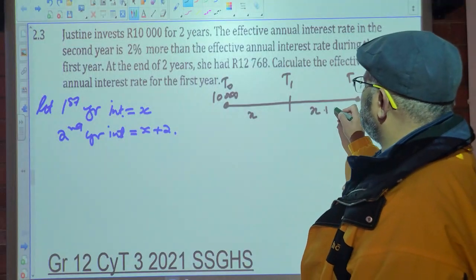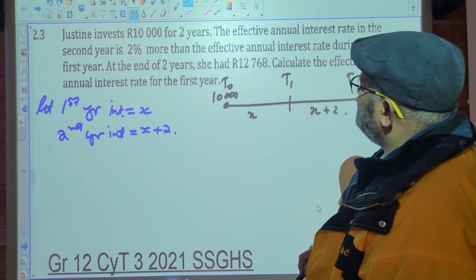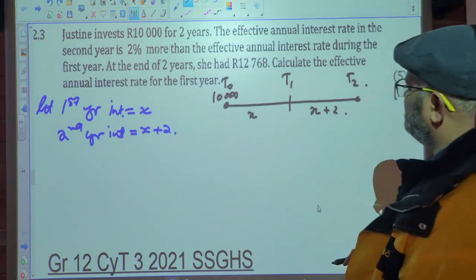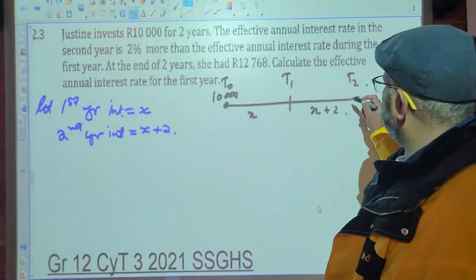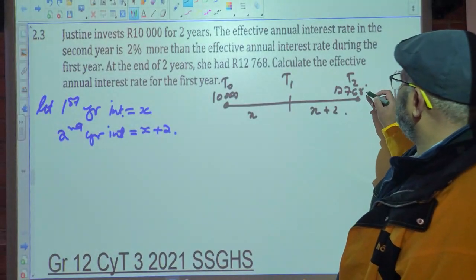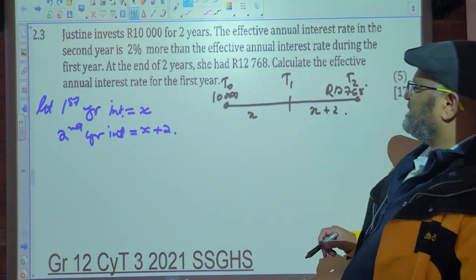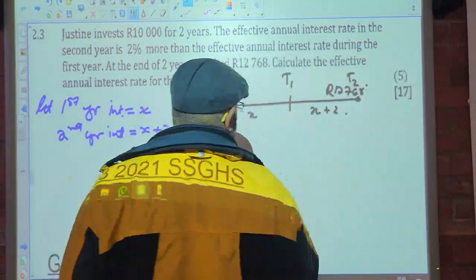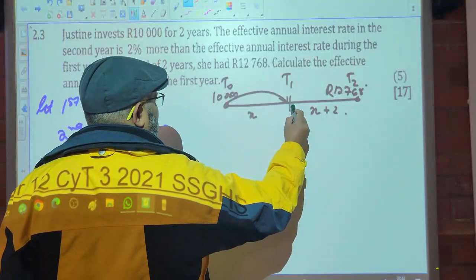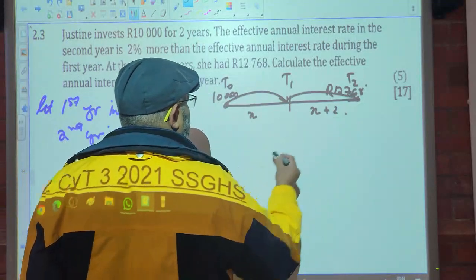It's going to be X plus 2%. Okay, my problem is just the percentage. I don't want to mess that up this morning. So at the end she has 12,768 rand. Right. So to do this calculation, the interest rate changes, I must stop there, I must come down there, and then I will take it to the end.